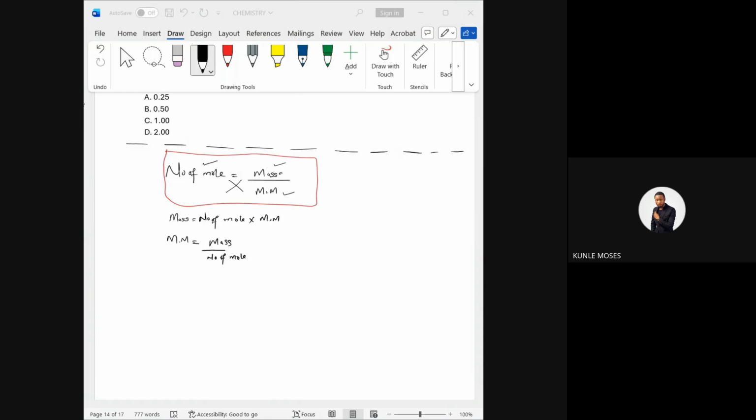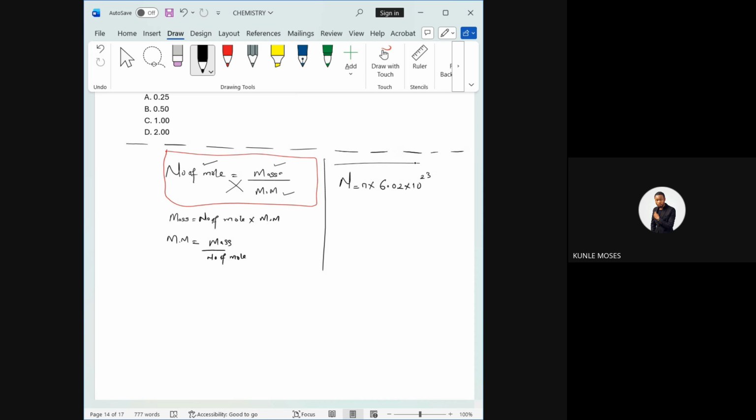Let me just write it down for you. The second formula is number of particles, number of molecules, anyone they ask to do, is equal to the number of moles multiplied by 6.02 times 10 raised to the power 23.